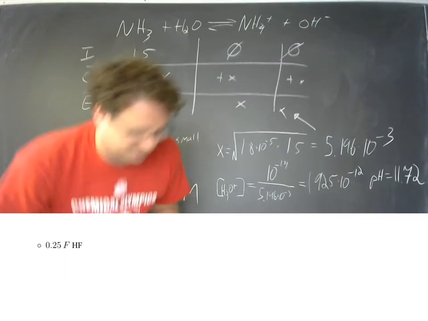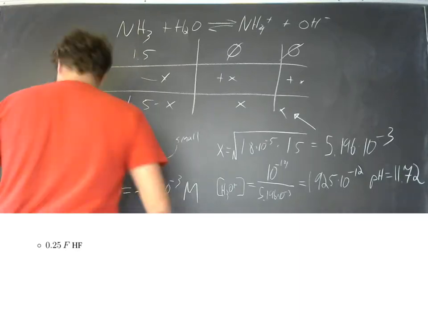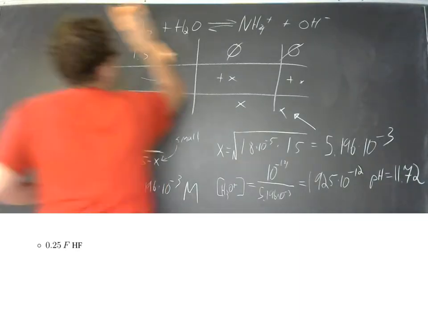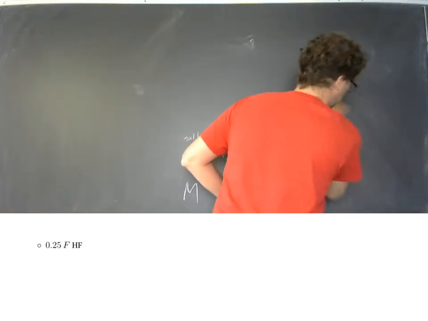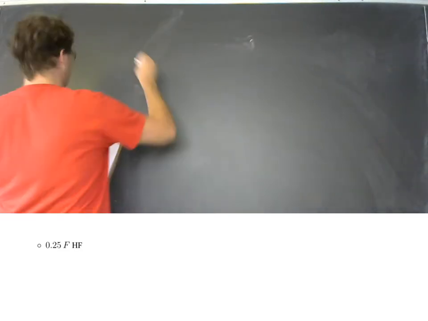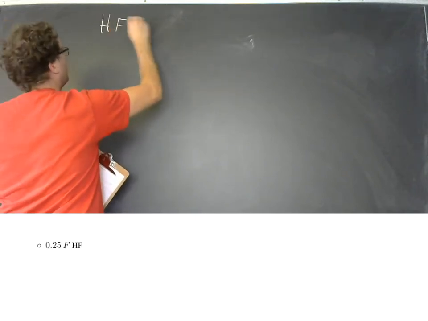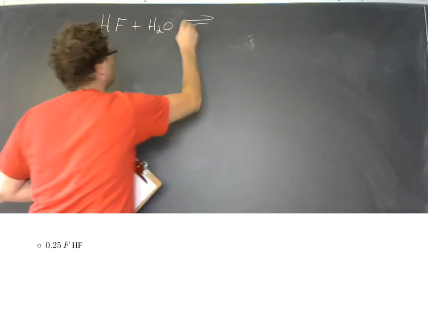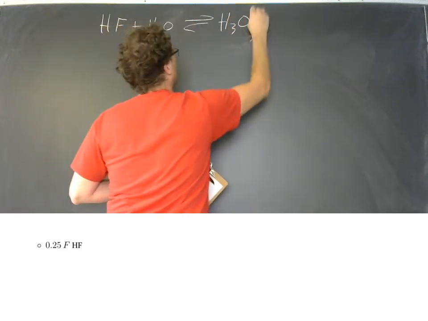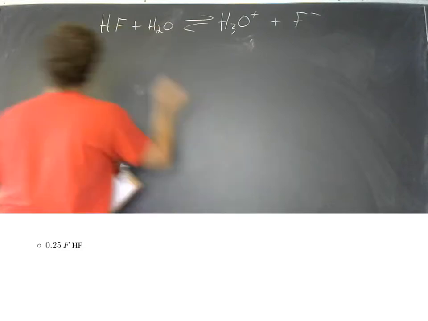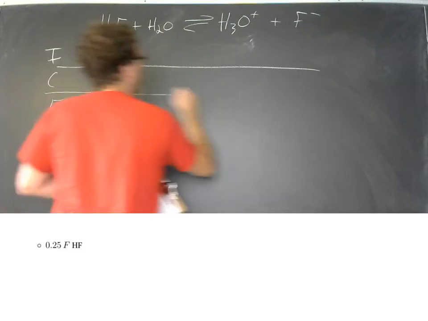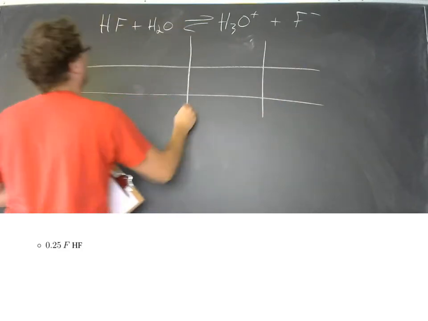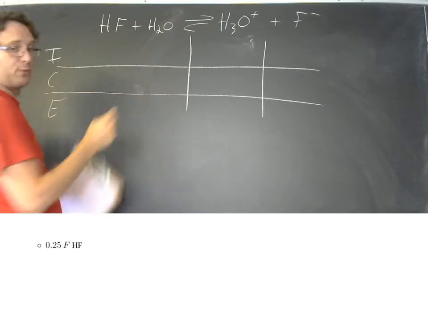Now the next one is a 0.25 formal hydrofluoric acid. So HF plus H2O in equilibrium with H3O plus and F minus. Here we have our ice table. And what was it? 0.25 formal.